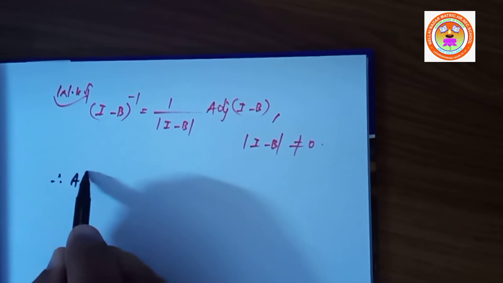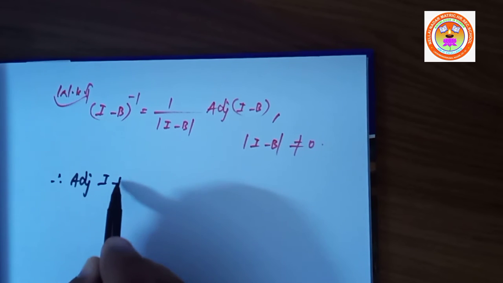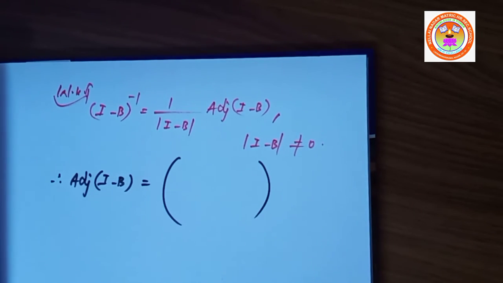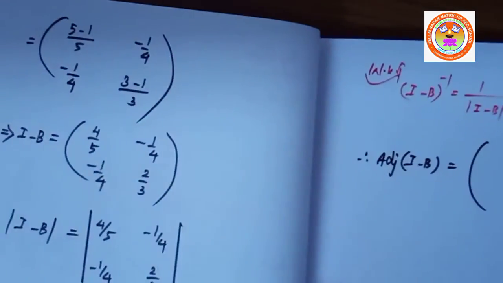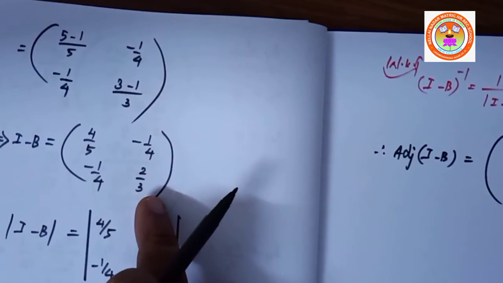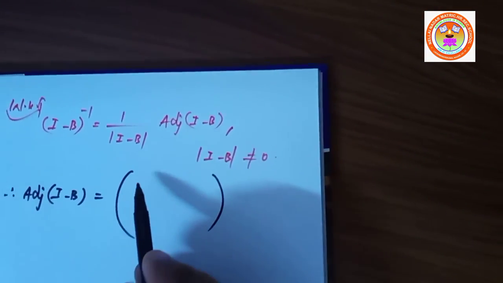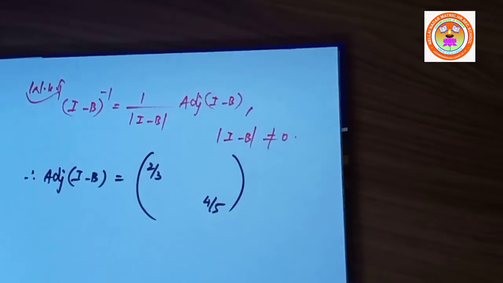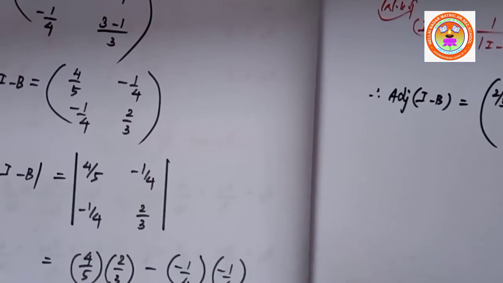Therefore, the adjoint of I minus B, in that I minus B matrix, you have to interchange the diagonal elements. 4 by 5, 2 by 3 becomes 2 by 3, 4 by 5, and the non-leading diagonal elements change the sign.